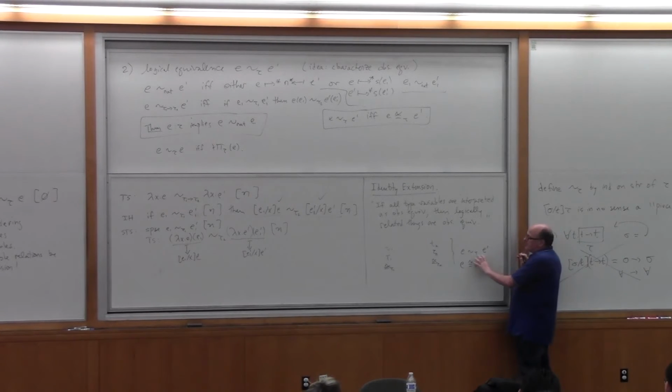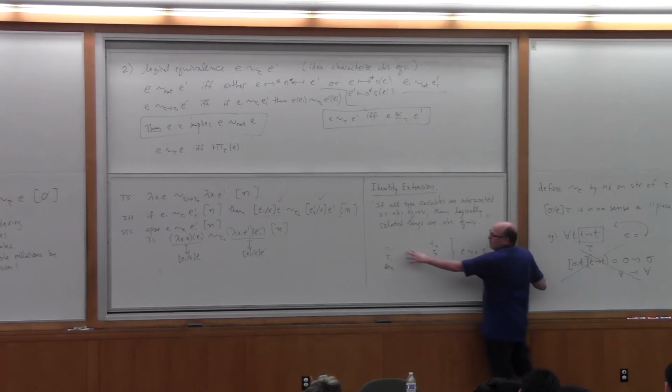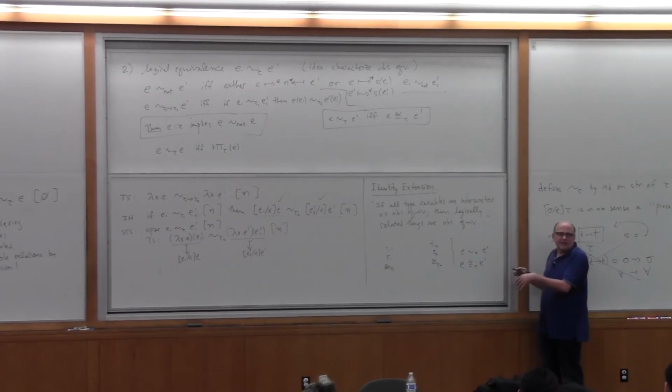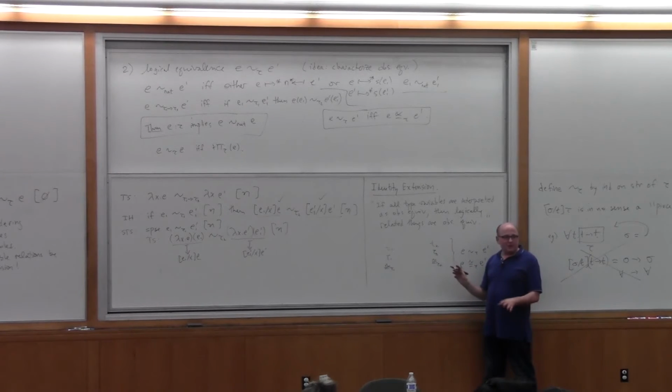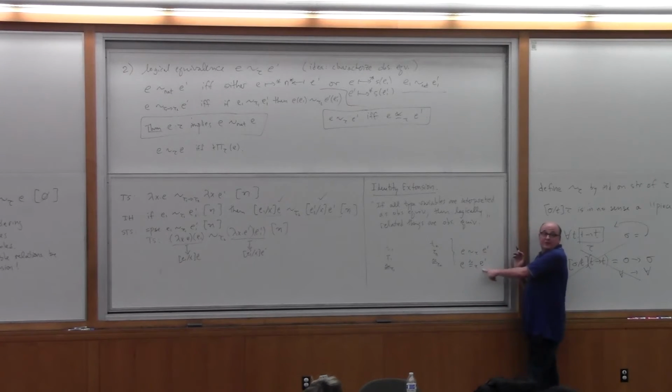The way you prove it is, because there are polymorphic types involved, if the polymorphic types could be interpreted as any relation, then this clearly can't hold, because I could just relate 2 to 3 as natural numbers, and then of course the output won't be equal. That's not going to work. But if I say that all of the abstract types are interpreted by the identity relation, everything is just equal to itself, then the results will be observationally equal.